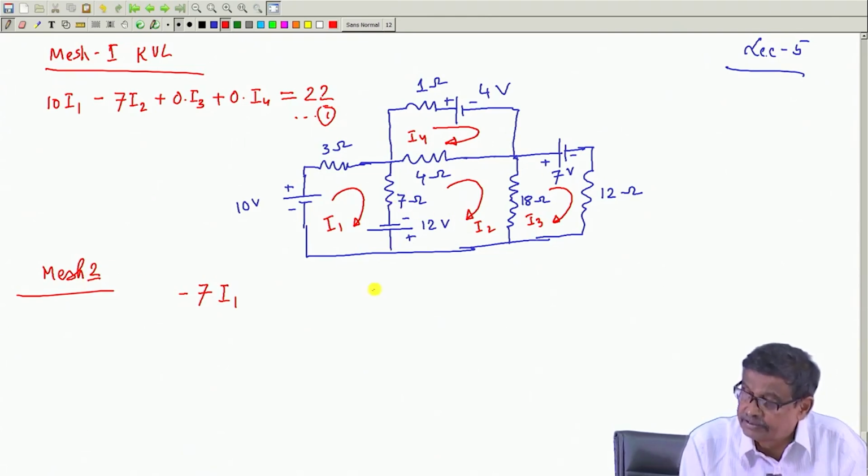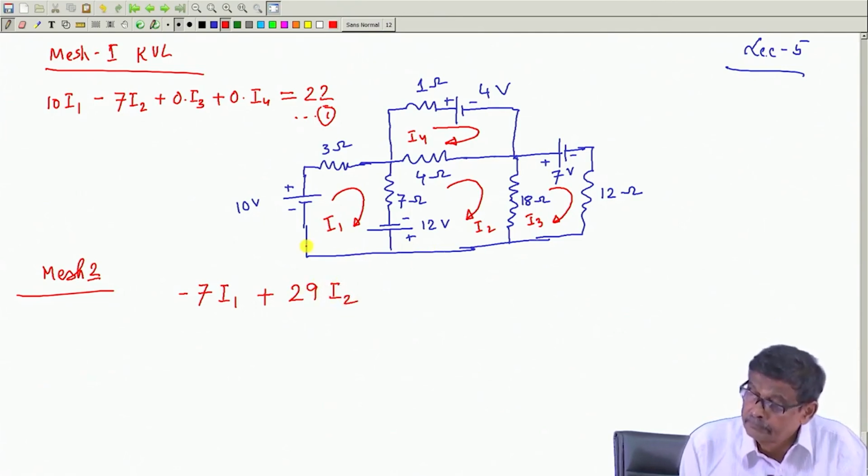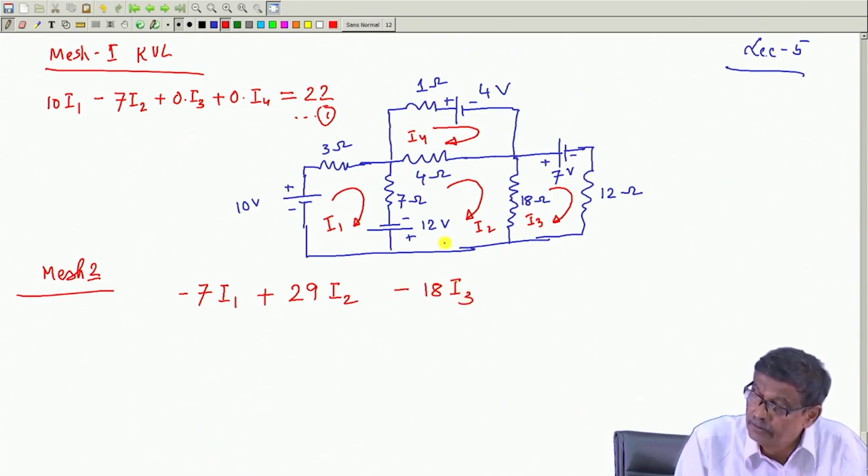So, 18 plus 4, 22 plus 7, 29, and that will be plus. Will there be a coefficient of I 3 here in mesh 2? Yes, common resistance. So, minus 18 into I 3. Will the presence of I 4 be felt here in mesh 2? Yes, minus 4 I 4.